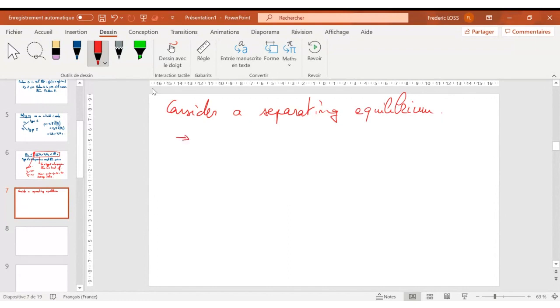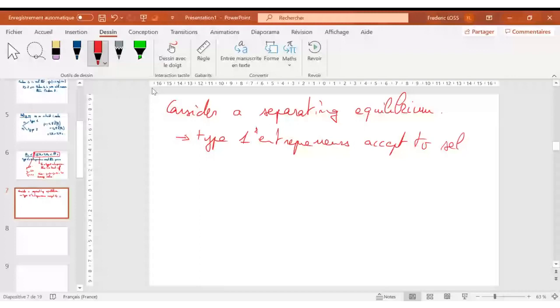So the type 1 entrepreneur accepts to sell at the price P prime. Type 2 refuses.